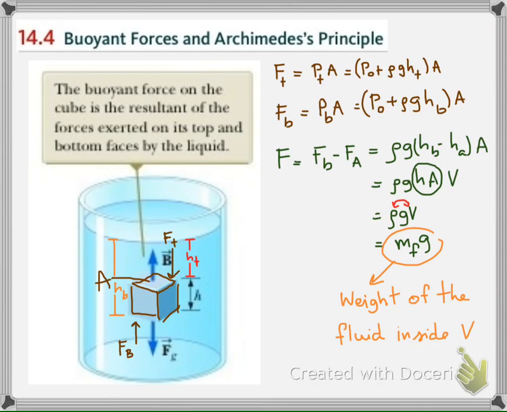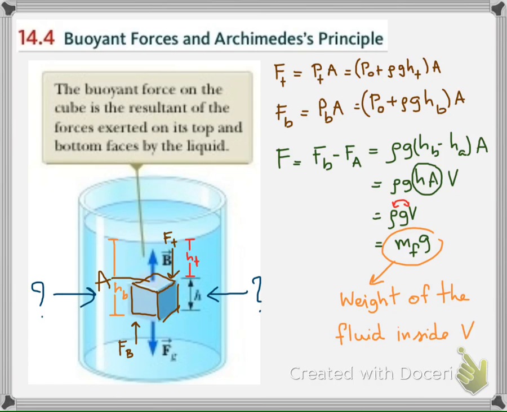Someone may ask, don't we have a force in the horizontal direction? Yes, we do, but from the symmetry, the force exerted to the right will cancel the force exerted to the left, so we don't have to calculate the horizontal force.